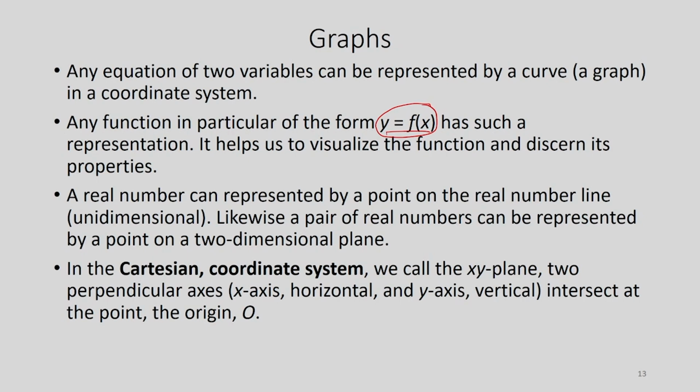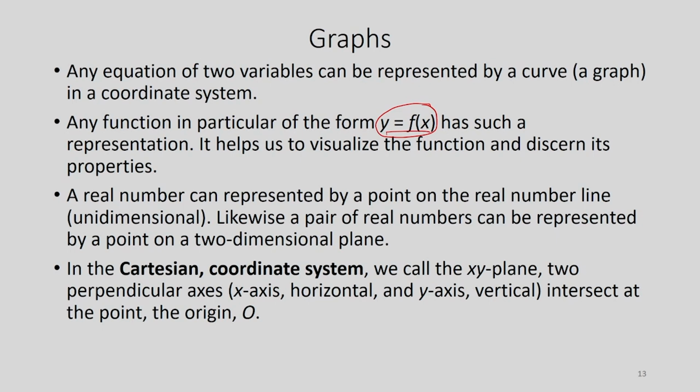But in a function you have y as f of x. So, x is the independent variable and y depends on that, but nonetheless it is a relation between two variables, right. So, just as an equation can be represented in a coordinate system by a graph, a visual representation, similarly a function which also consists of two variables can be represented by a graph in a coordinate system.